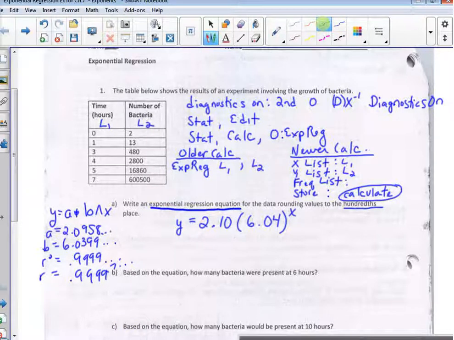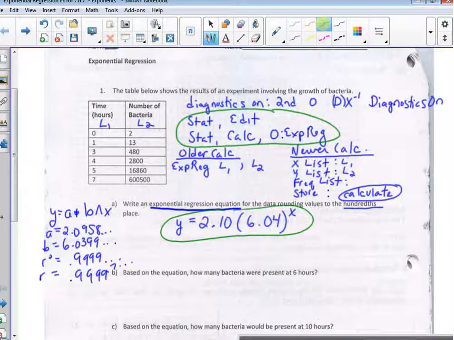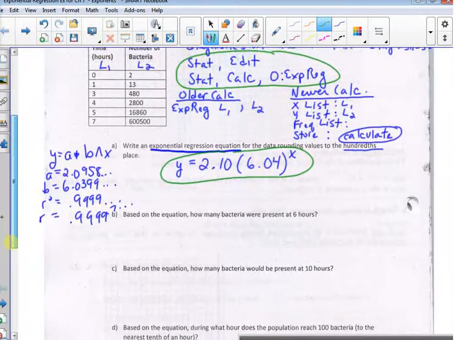So you would need to have this calculator work, Stat Edit, Stat Calc, EXP Reg, and this equation written out. The other stuff you do not have to have written. I just did that so that you have it in your notes if you need to refer back.